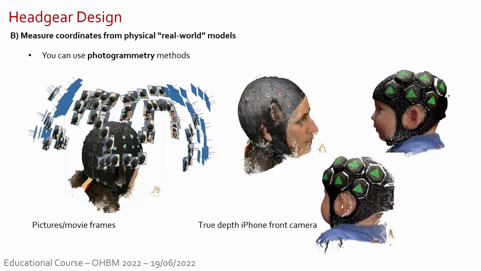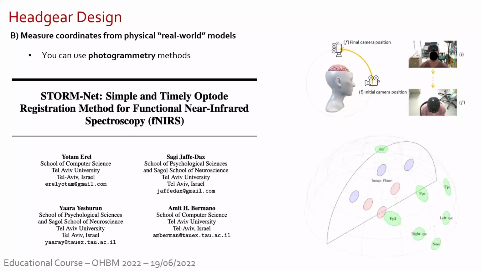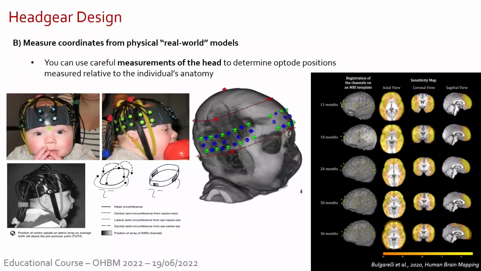Again, we advise doing this before starting the study, but also every time you test the participants, to make sure that your optodes are located exactly where you want. So you take all these pictures or a movie, and then there are some tools, like this is the one that we use in our lab, StoreNet, but I think there are many you can use. You upload all these pictures and video, and they will basically create the 3D map of your optodes on the head for you.